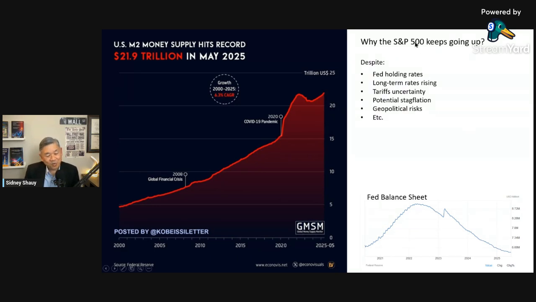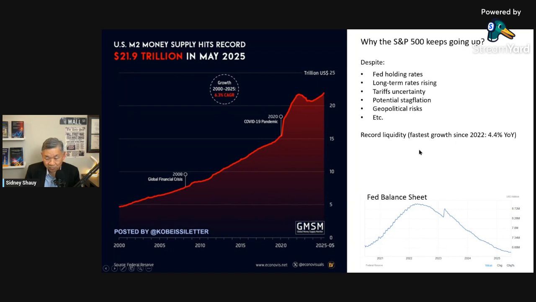So one thing is this: the M2 money supply just increased like crazy. This goes opposite to quantitative tightening. This is equivalent to quantitative easing because you have more money in the system. We're at record liquidity, and it's the fastest growth since 2022.